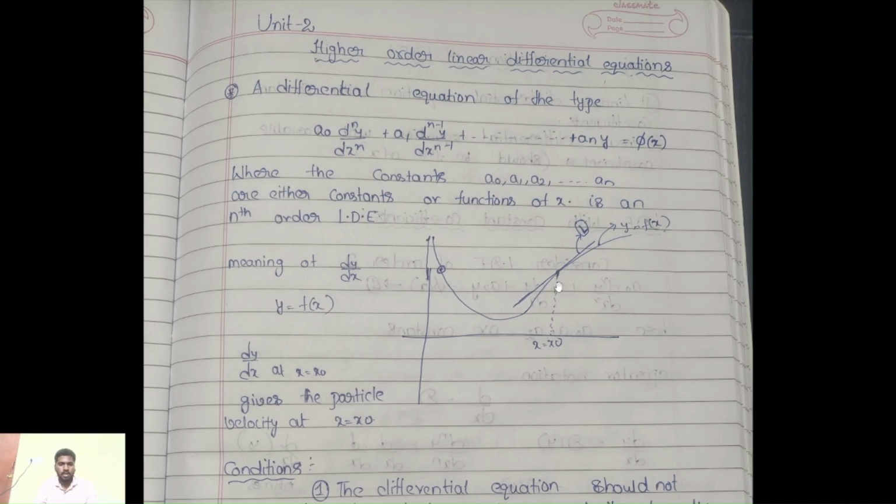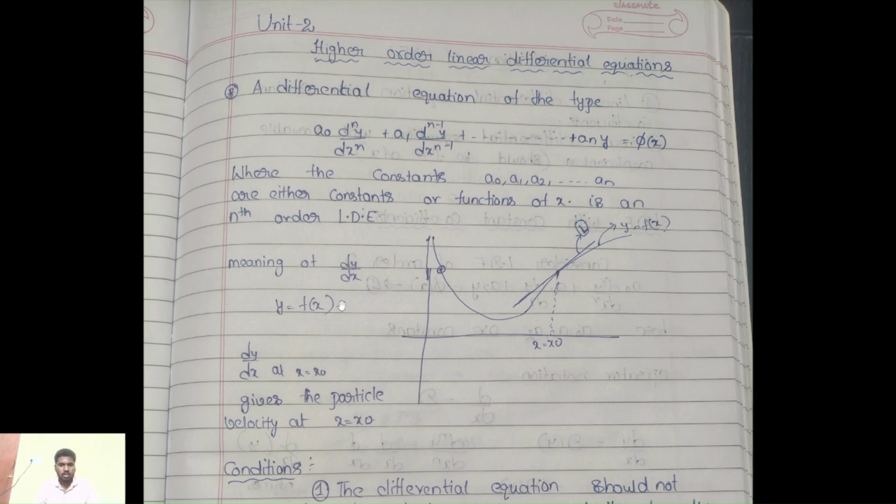At some particular point (x0, y0), I want to find the particle's velocity. At that point I can differentiate the given curve with respect to x, so I find the slope of the tangent at that point to get the particle velocity. So dy/dx at x0 gives the particle velocity at x = x0.